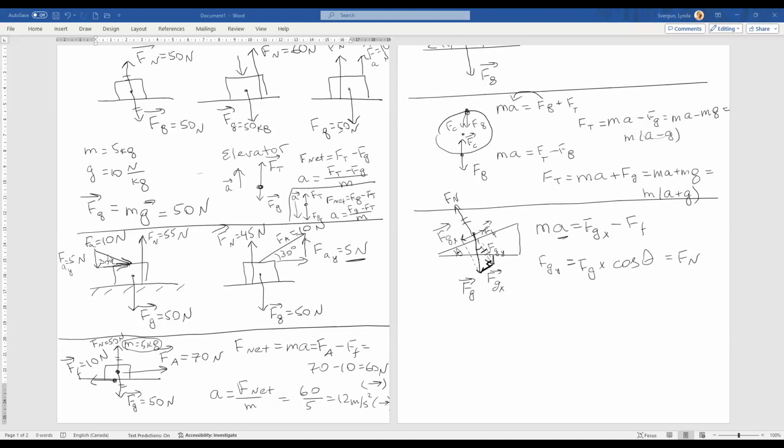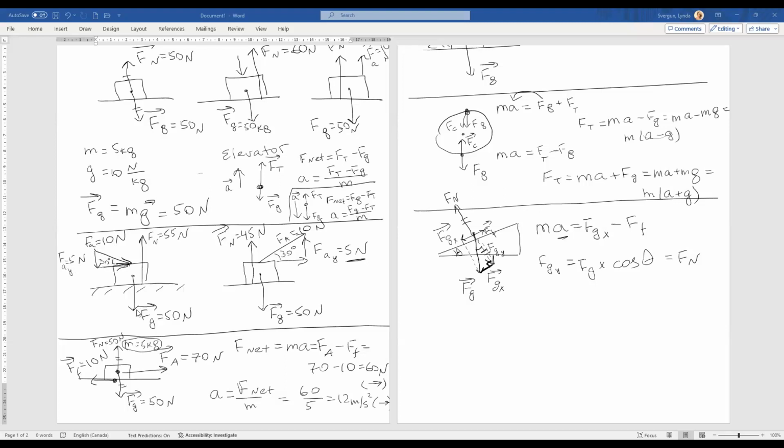So sine of 30 degrees equals opposite over hypotenuse. So we can find that the opposite side will be hypotenuse multiplied by sine of 30. So it's 5 newtons. Or you can just memorize that the side across from angle 30 degrees equals half of the hypotenuse, because sine of 30 degrees is 1/2. So 10 divided by 2, 5 newtons. A shortcut to get it faster.